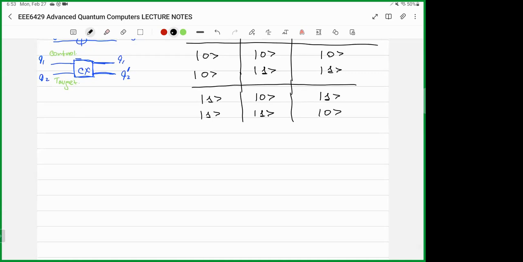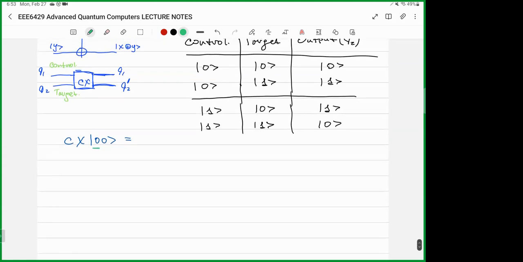For example, if I take my CX gate and act on a state, let's say 0, 0, in this expression I have to assume that the first state in this double state of the entire system is the control, and the second one is the target.